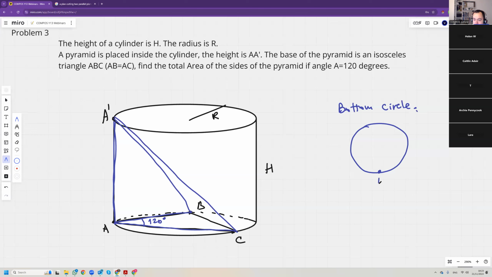So there's A. This is 120 degrees. This is B. This is C. Of course, it's 120 degrees. That means the center is here. And this is the radius.